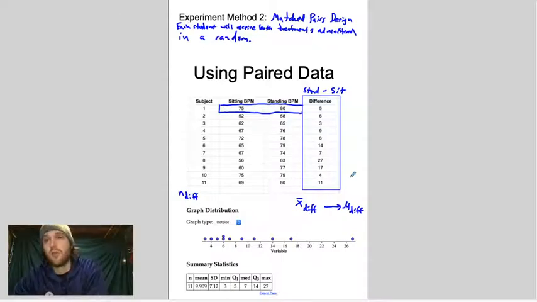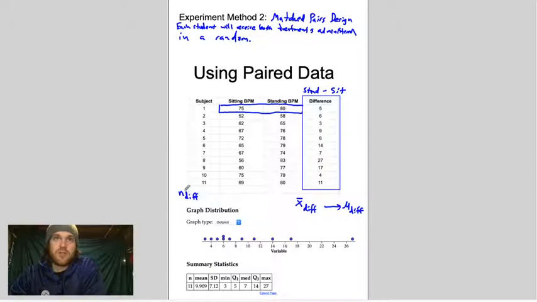And this mu would be, in this case, the average difference in heart rate for people like the ones that we're sampling in our study, the average difference you see in their pulse between standing and sitting. Okay. And here's the distribution of that data so you can see that. And you're probably looking at that and you have some thoughts about it already. But this is the notation.